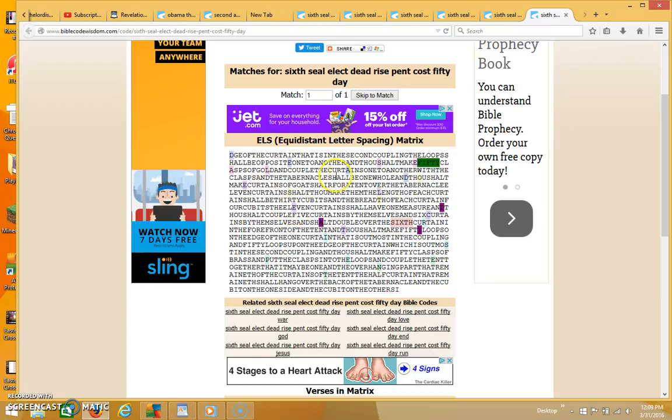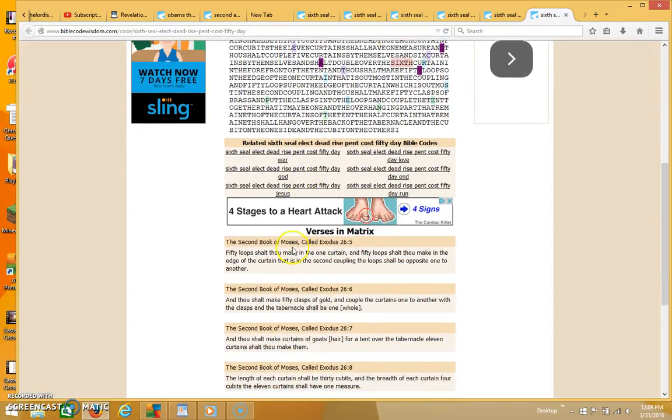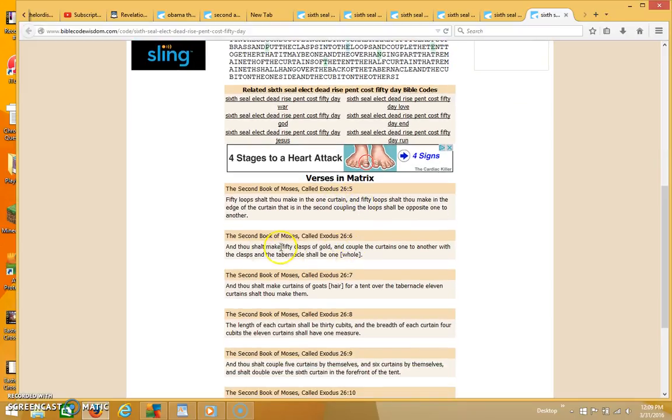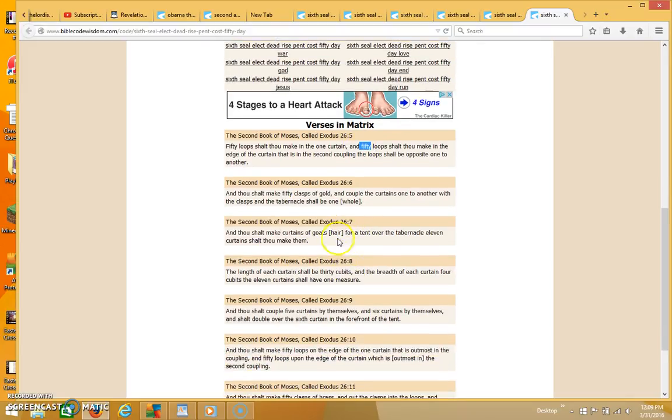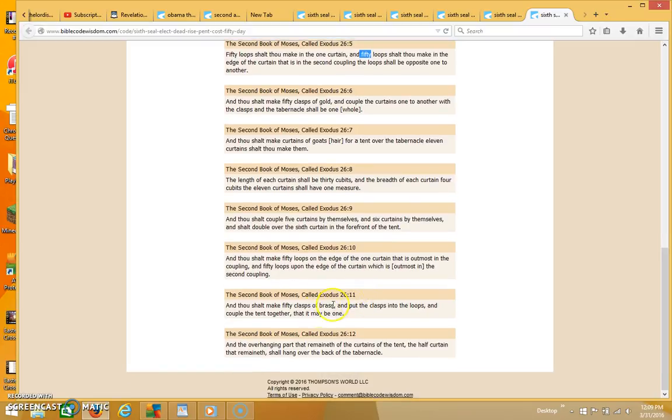Okay, I had noticed in the context, this is coming up in Exodus 26, it mentions the number 50 several times in this matrix. Here's one right here, here's another one.